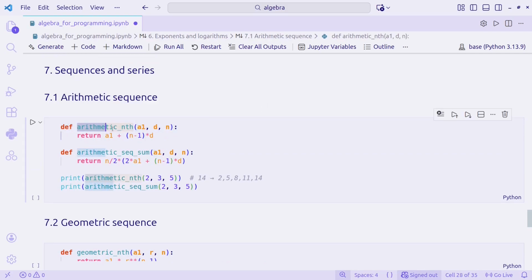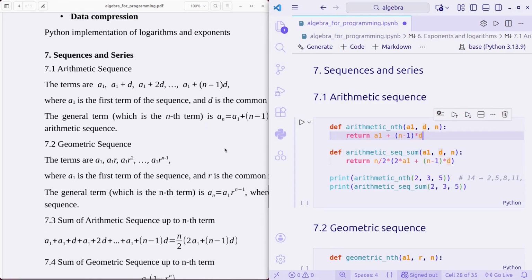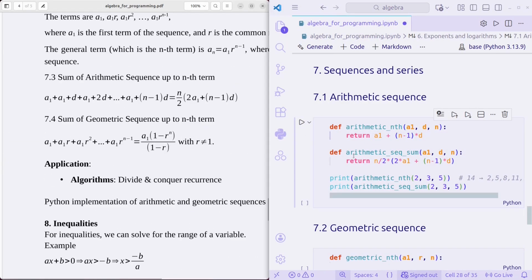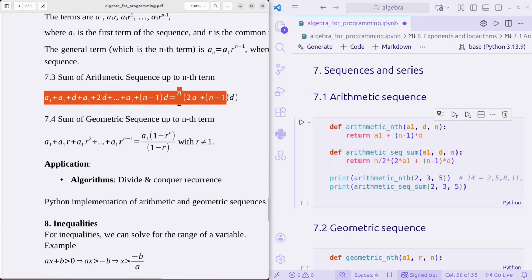So I have a function to help us get the nth term, and I've also another function to get the sum of all the terms in an arithmetic sequence up to the nth term. So the general term is just that one by using the formula shown here. Okay, and the sum of all the terms in the arithmetic sequence is just using that formula.